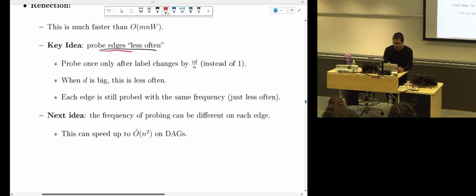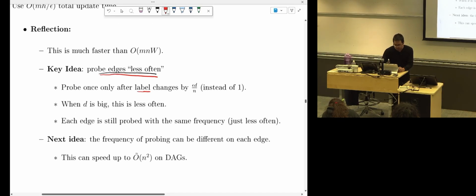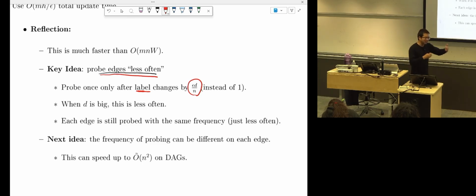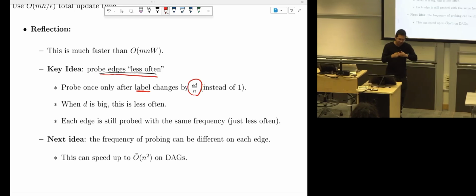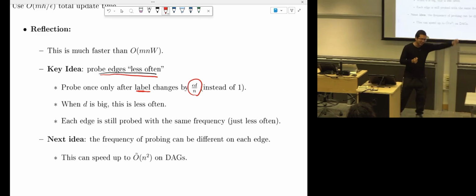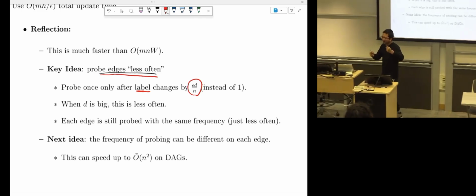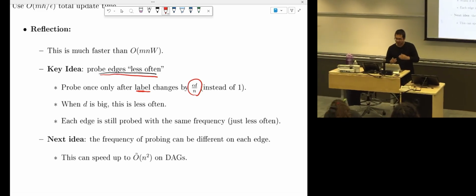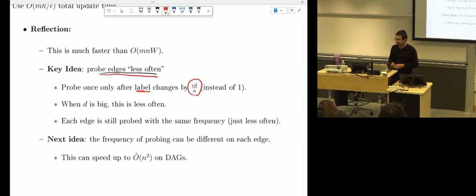We just probe edges after the level of the endpoint changes by quite a lot. Instead of probing once the level changed by 1, we force the level to change a lot, in a big jump each time. So we just probe it after the level changes a lot, and that basically speeds things up.